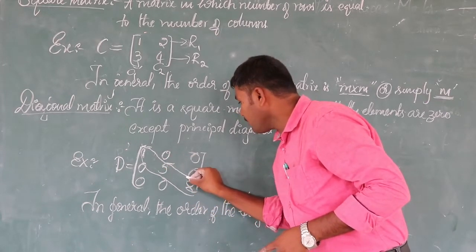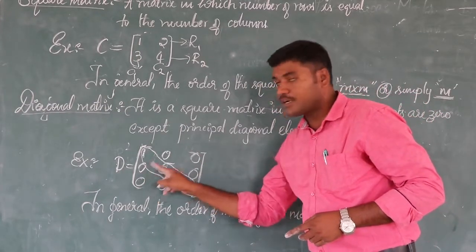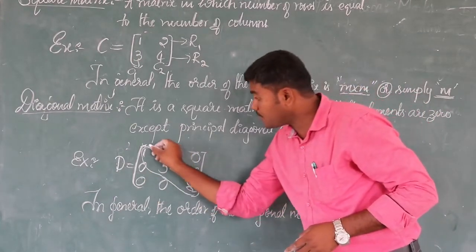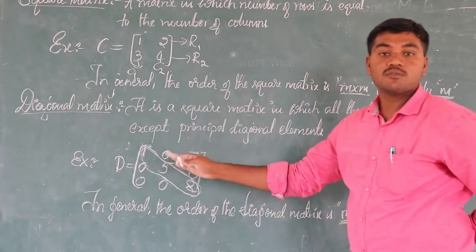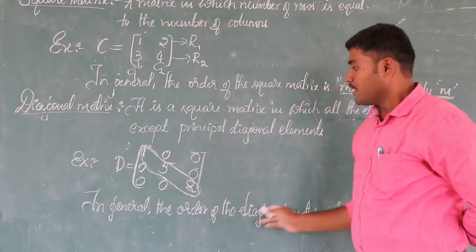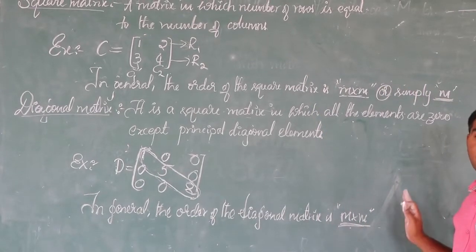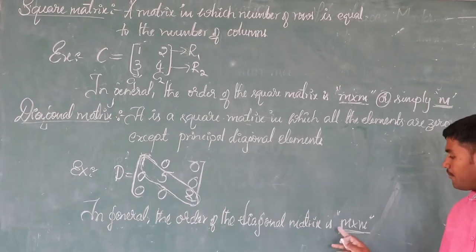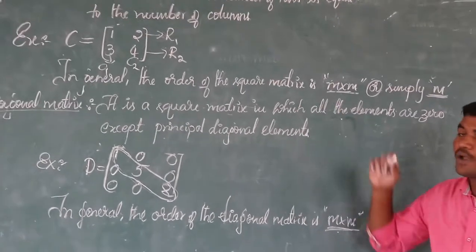So diagonal matrix is a square matrix in which all the elements are equal to 0 except these main diagonal elements. So in general, the order of the diagonal matrix is given by m by m. Here m indicates rows, m indicates columns. It is same as square matrix.